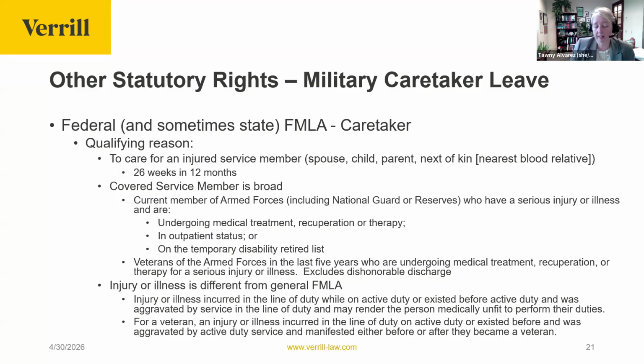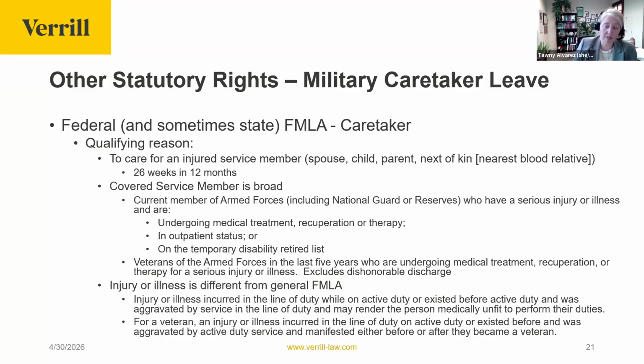The qualifying reason for military caretaker leave is to care for an injured service member, which is a different definition than what we find for a family member under the normal FMLA caretaking responsibilities. Here, the injured service member would be a spouse, a child, a parent, or a next of kin. Next of kin, the best way to describe it, is nearest blood relative. That could be a niece, a nephew, an aunt, an uncle.